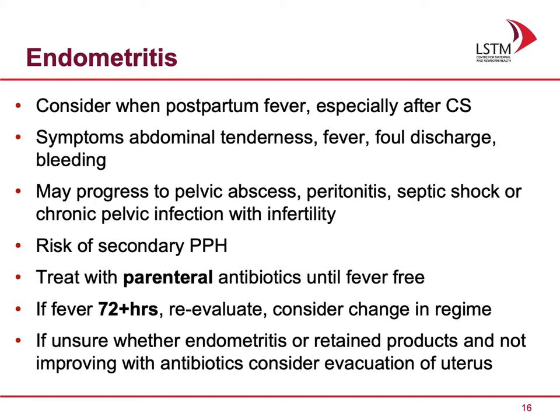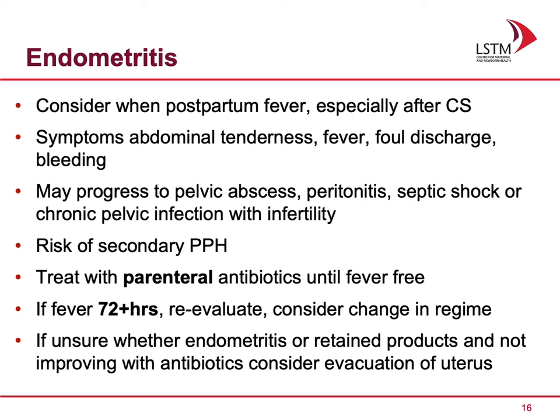If endometritis is not treated, it might progress to a pelvic abscess or peritonitis, or even septic shock, and in the longer term, a chronic pelvic infection with infertility. So it's very important to treat. There's also a risk of a secondary postpartum hemorrhage if endometritis fails to be treated. So we're going to treat with parenteral antibiotics until the woman is fever-free.